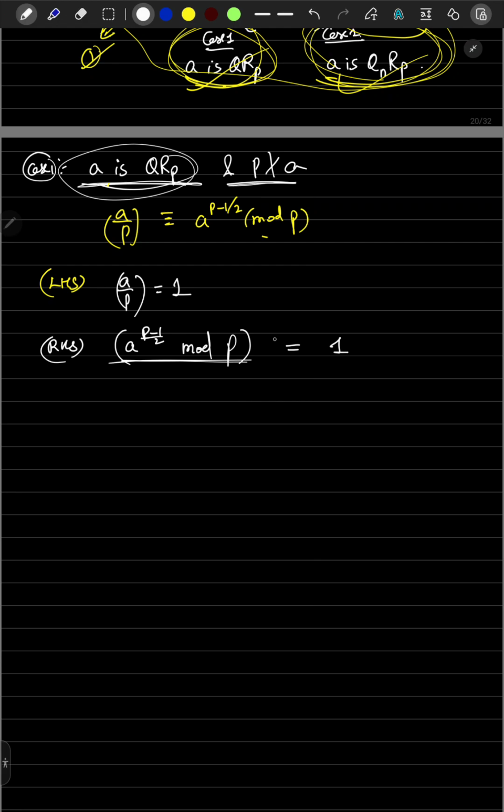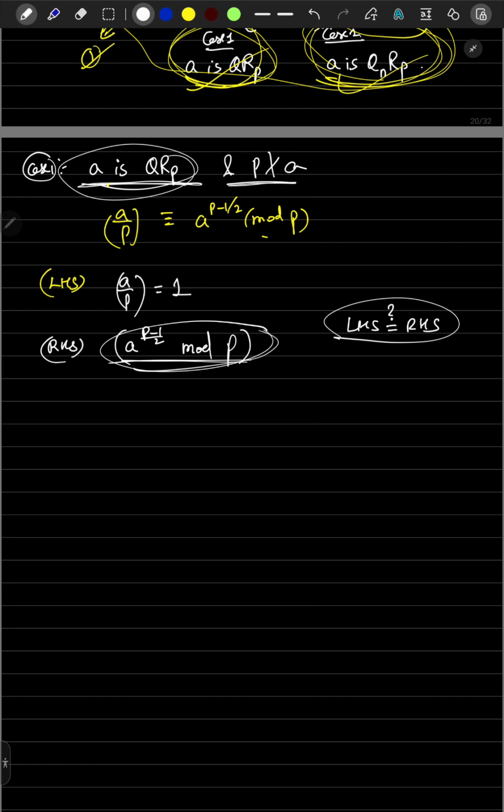Yes. So our agenda is to prove that LHS equals RHS. LHS is 1. Now I write this notation, equal sign with a question mark, conveying the statement of whether the LHS is equal to the RHS or not.